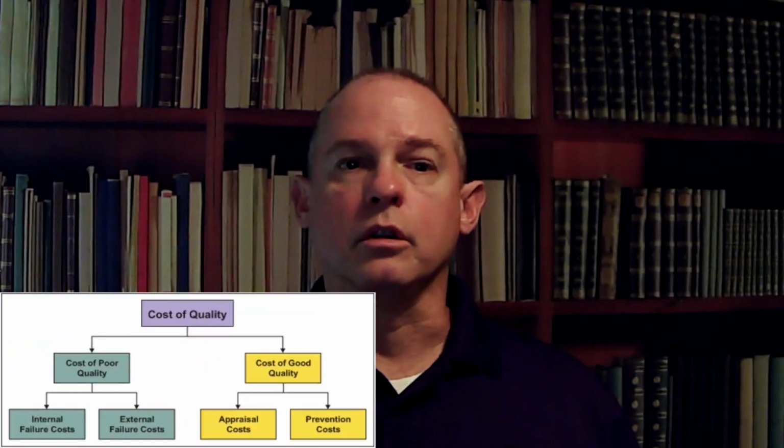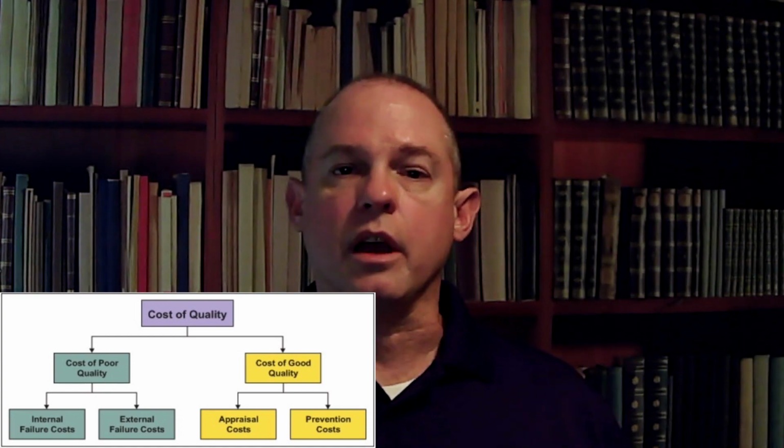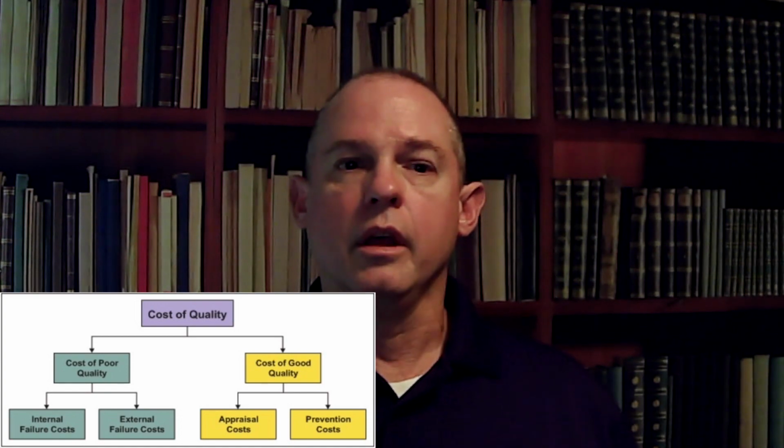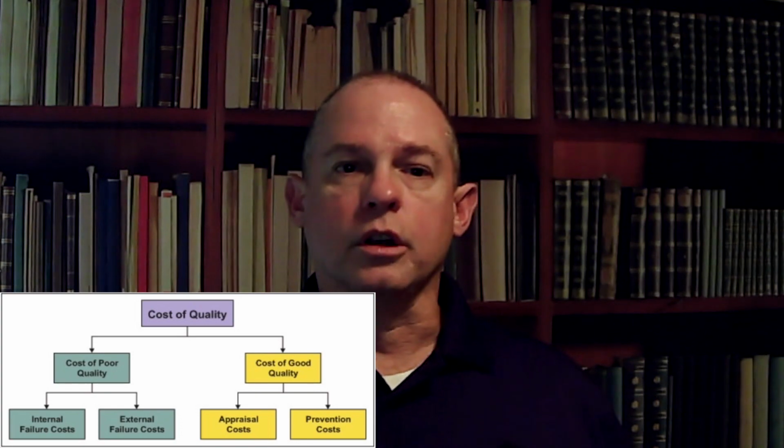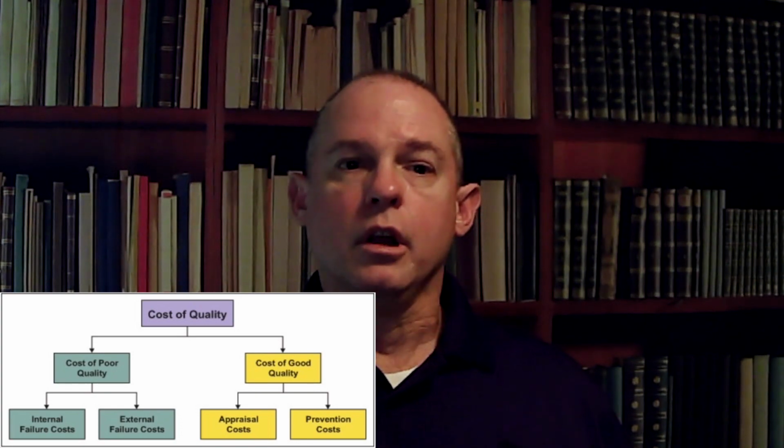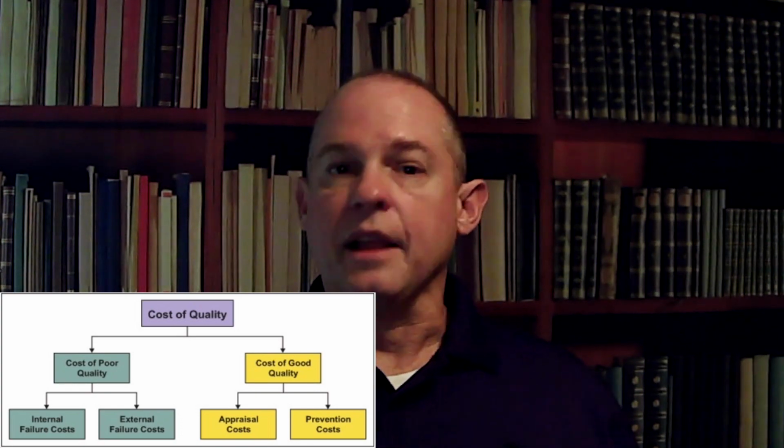So you've seen this chart before. We're still on the poor quality side, on the left-hand side of the chart. And today we're going to talk about external failure, or defects that are found at the customer. The underlying economics of the cost of quality are this. Costs of a defect that are found at a customer are significantly higher than the cost of preventing those defects when all costs incurred are considered.